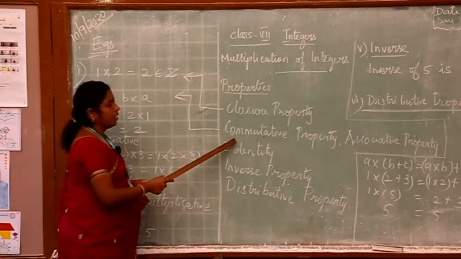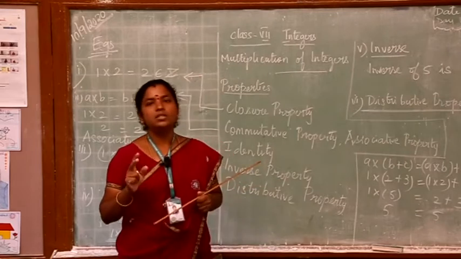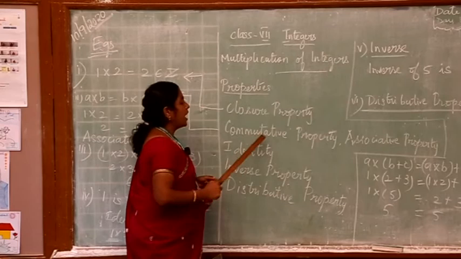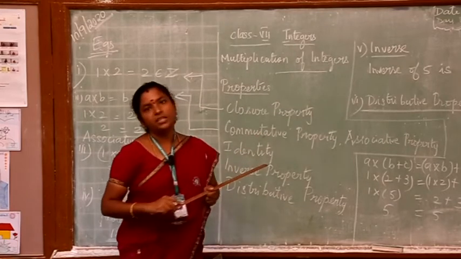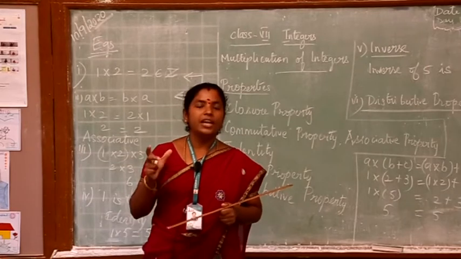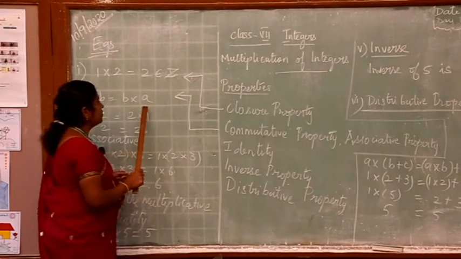Now, we will go for the second property, commutative property. There we had seen any 2 numbers for addition. Here, since the operation is multiplication, the commutative property is nothing but A cross B is equal to B cross A. I am going to take any 2 numbers, and the only thing is that on the right side we go for vice versa of this.